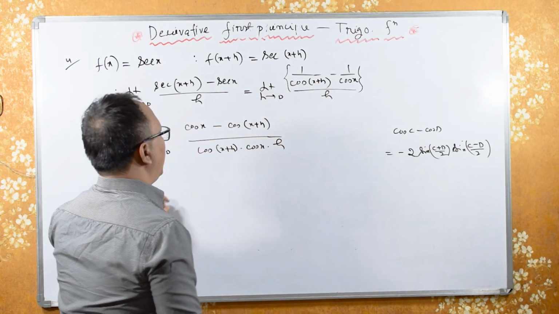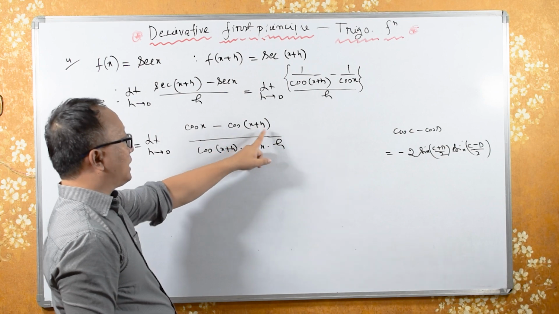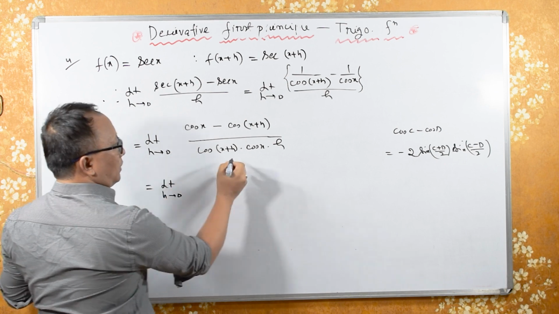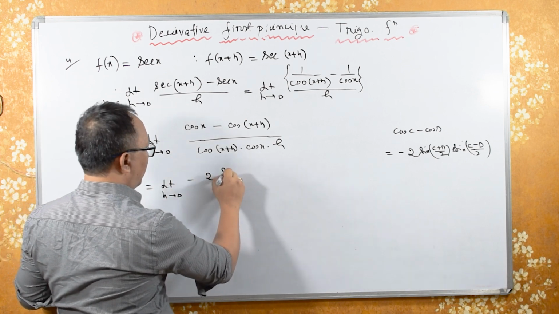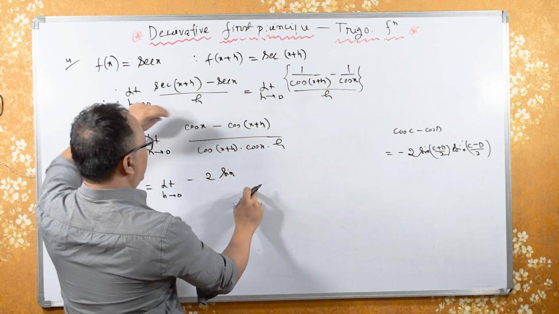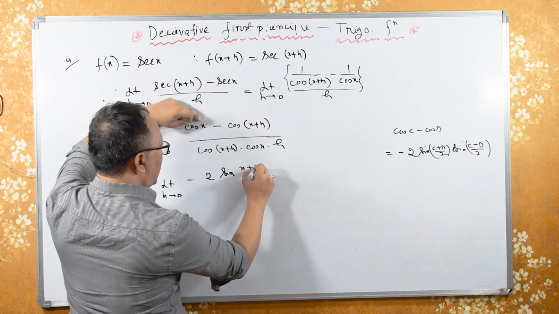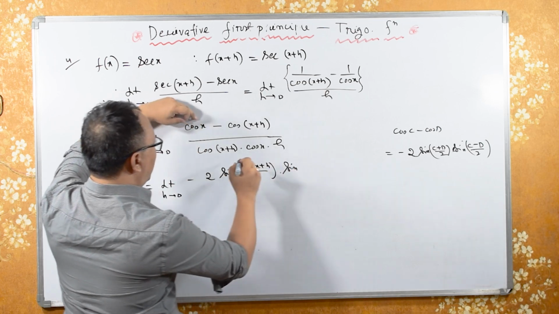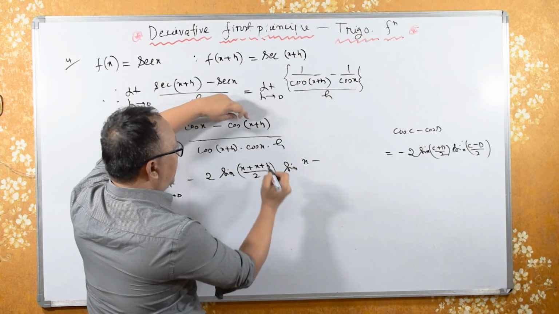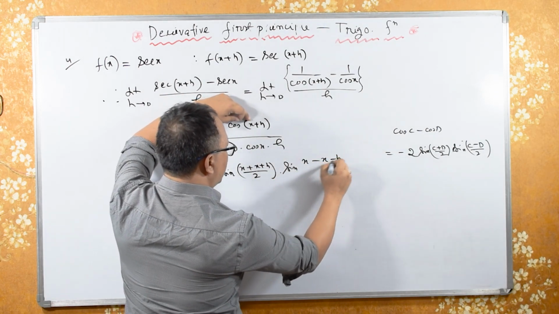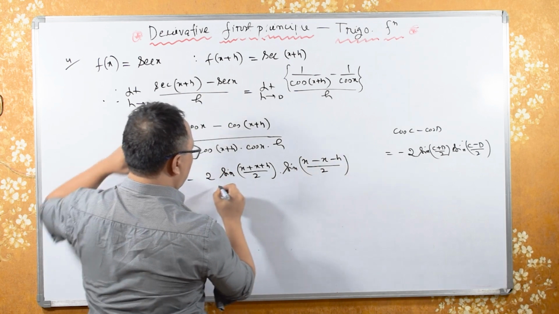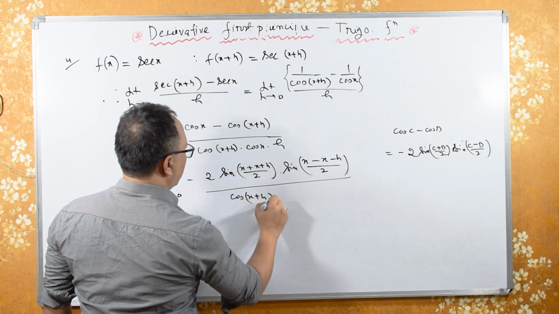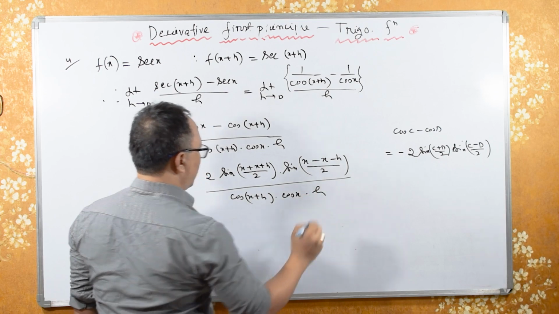Now let's consider x as the c angle and x plus h as the d angle. This is the same as limit of h tends to 0 of minus twice sine of c plus d upon 2, that is x plus h upon 2, into sine of c minus d, that is x minus x minus h, upon 2. Here the minus I am sending inside, giving minus h upon 2, upon cos of x plus h into cos of x into h.